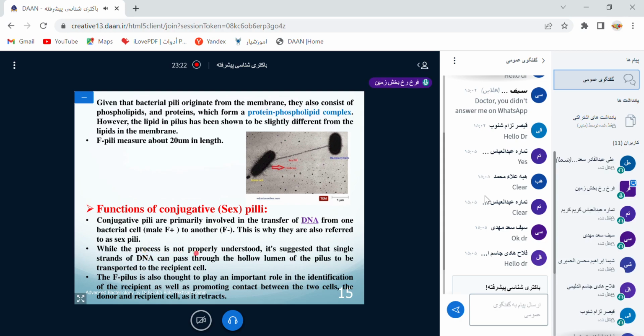While the process is not properly understood, it is suggested that a single strand of DNA can pass through the hollow lumen of the pilus to be transported to the recipient cell. The F pilus is also thought to play an important role in the identification of the recipient, as well as promoting contact between the two cells, the donor and recipient cells, as it retracts.